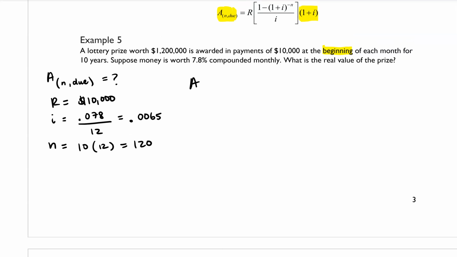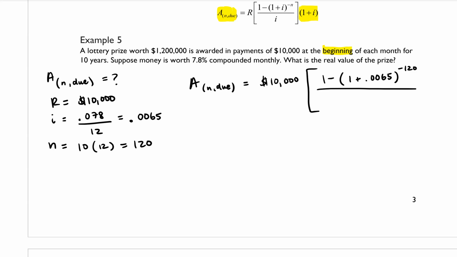So the present value is equal to 10,000 times 1 minus 1 plus 0.0065 to the negative 120th power over 0.0065, and we are going to multiply this whole thing by 1.0065.